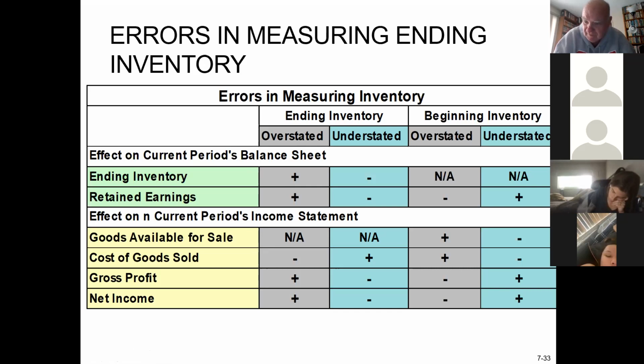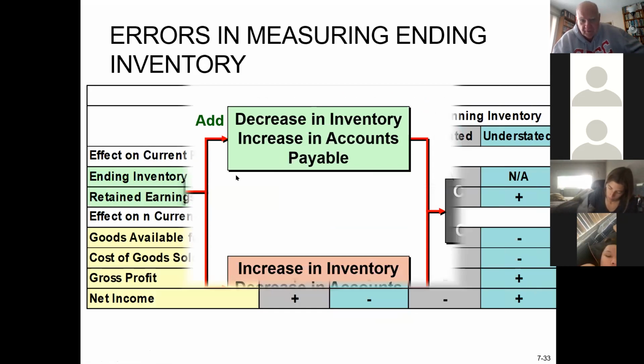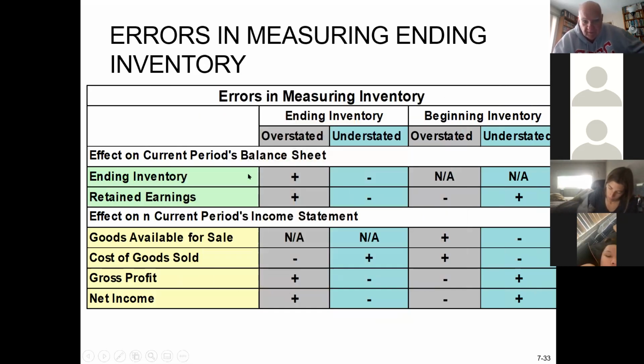I'm going to pick on Suda again. I sent Suda out to count the inventory. And she said, Bob, we have $50,000 in our inventory. And that's what we recorded, 50,000. And we closed the month. We closed all the temporary accounts.